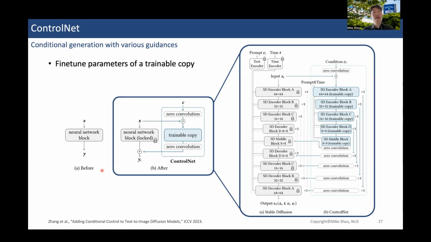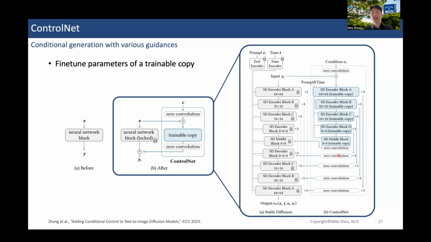So how they did that is, it also has this fixed and trainable part. What they did is that for the original stable diffusion, they make a copy, and then only train this copied part. And for this copied part, they have this additional condition, for example, the edge map or human pose map as the input.